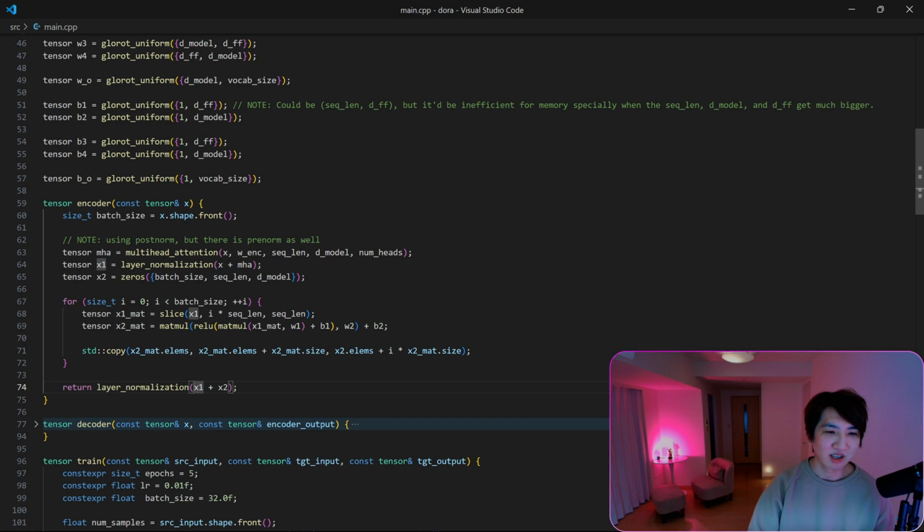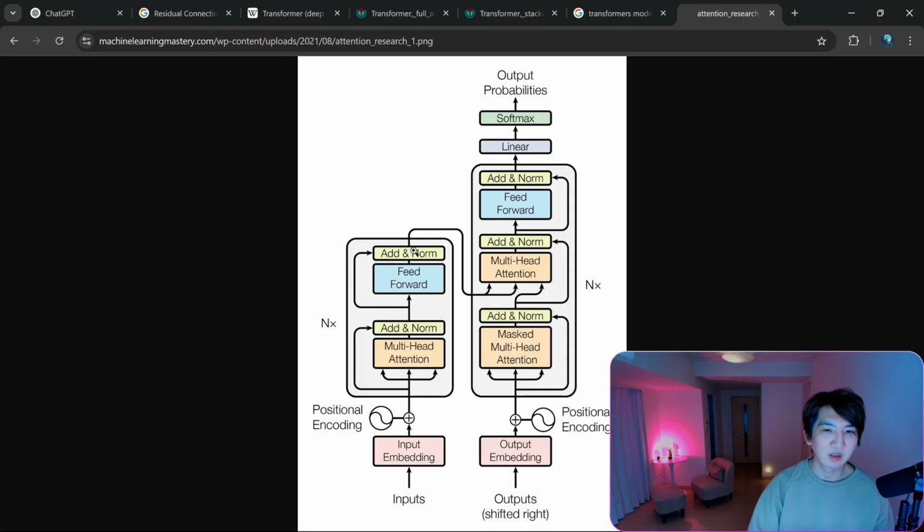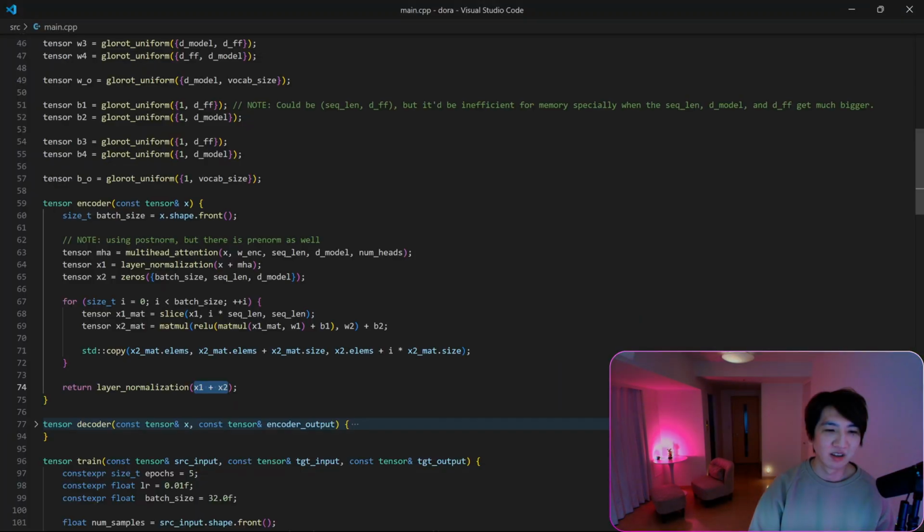And finally, I add the inputs x1 and the output from the feed forward neural network, which is x2. So this would be here in this diagram, add and norm. And this is the normalization.